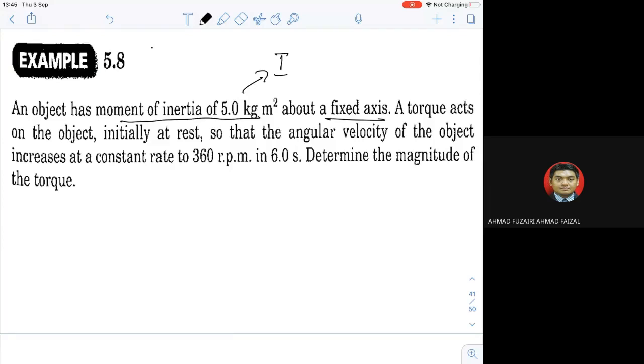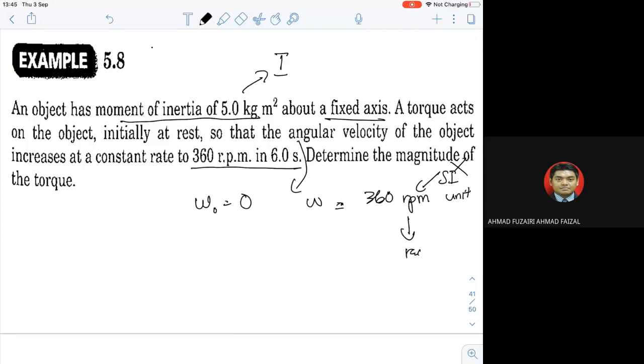A torque acts on the object, initially at rest, so omega naught equals 0, and the angular velocity omega increases at a constant rate to 360 RPM. 360 RPM is not an SI unit, so you need to convert it to radian per second, in t equals 60 seconds. Determine the magnitude of the torque.